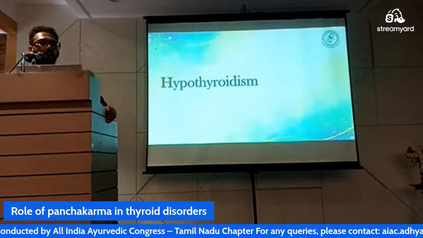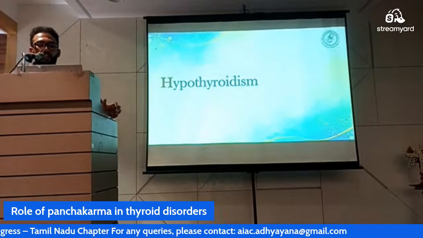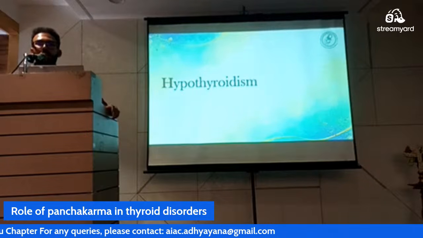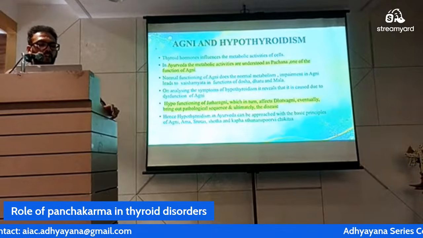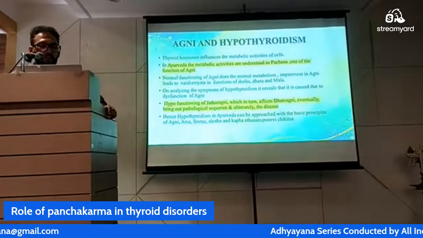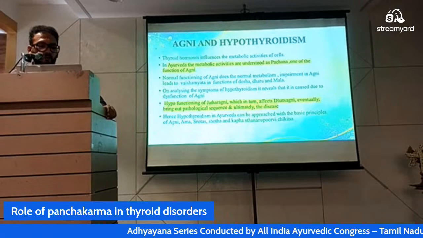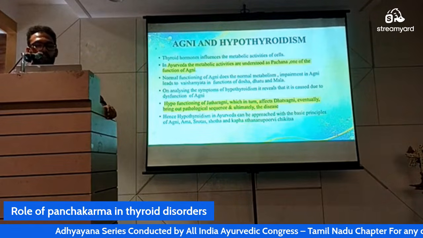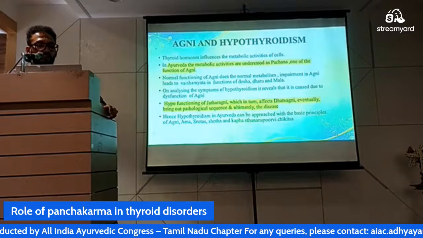How in Ayurveda do we correlate hypothyroidism with Ayurvedic terms? That is why our Acharyas have always told us to go for avastika chikitsa. So here I would like to speak about Agni and hypothyroidism. Thyroid hormones influence the metabolic activities of our body. In Ayurveda, metabolic activities can be understood as pachana, and one of the main functions is because of Agni.